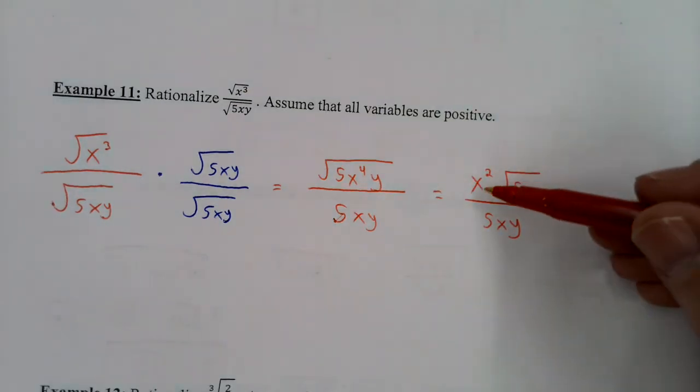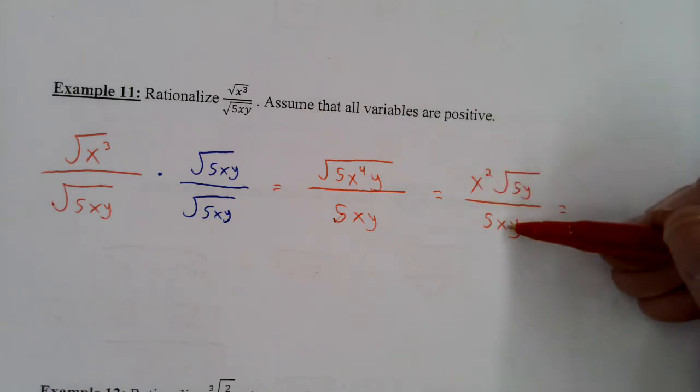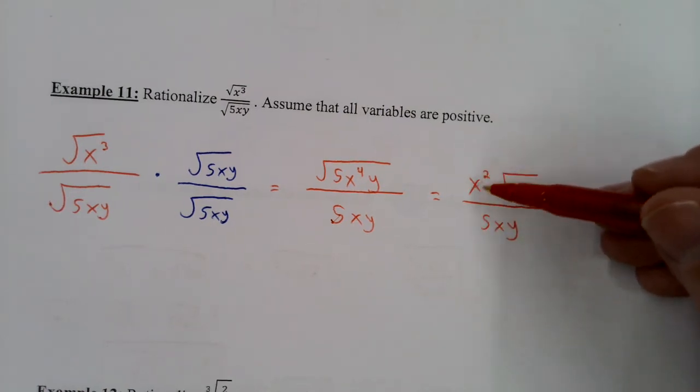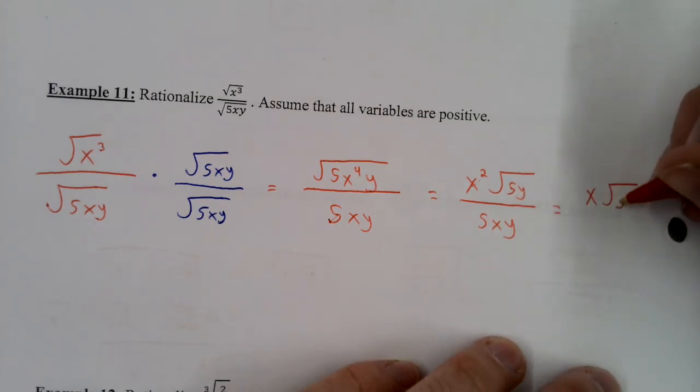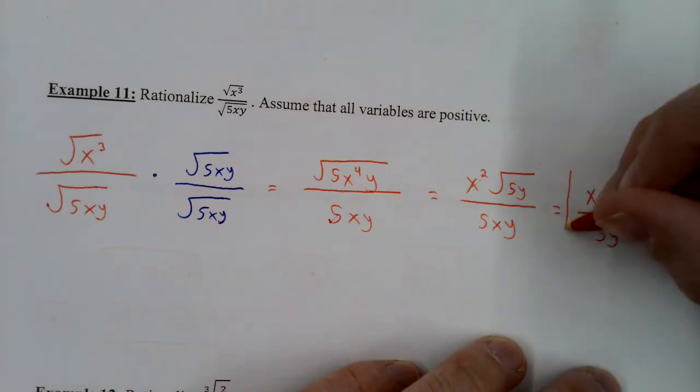And then you can simplify more. You can divide out one of these y's, and one of these x's with one of those x's, to get the following: x times square root of 5y divided by 5y.